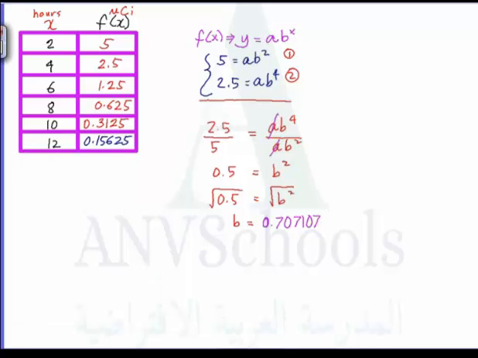Okay, now how do we get our a? To solve for a, we will have to choose any of the 2 equations given. In my case, I want to choose equation 1. So 5 is equal to ab squared, and we know that our b is equal to the square root of 0.5.